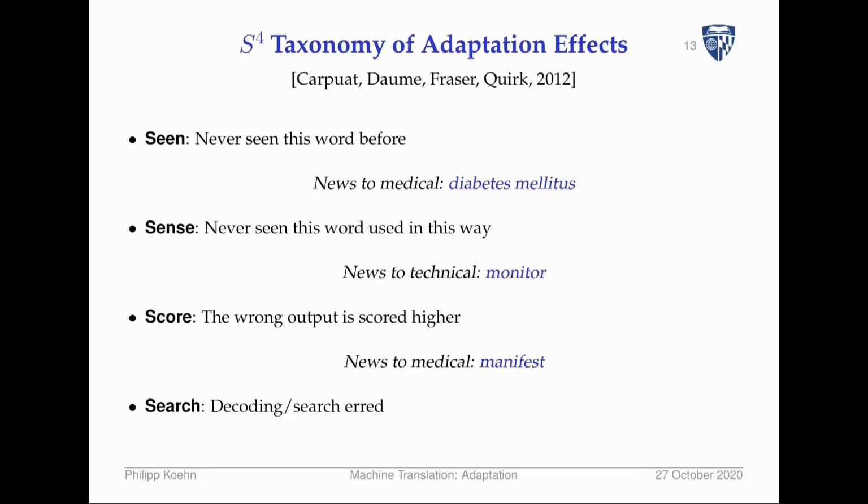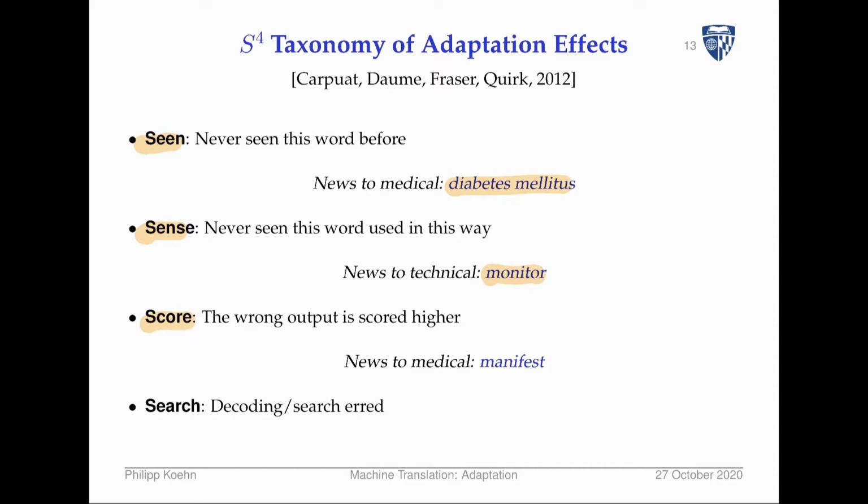Seen errors: what to do with words that have never been seen before. Then sense errors: words that have been seen before but never used in this way. So maybe a monitor is seen in news data as in monitoring activity, or some monitor was put in place. Well, in technical text, it's a word for computer screen.